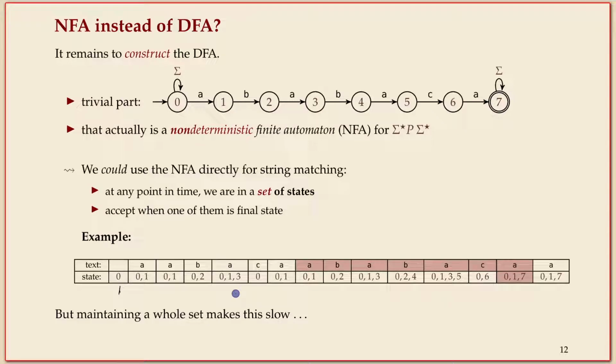So you're now in 3 states at the same time. Then sometimes things sync up again. If you read a C, the 3 is lost, so that dies out. The 1 is lost, that dies out. The only thing that remains is the 0 state, and that can only loop. So after that, you're back to only one thing being possible.